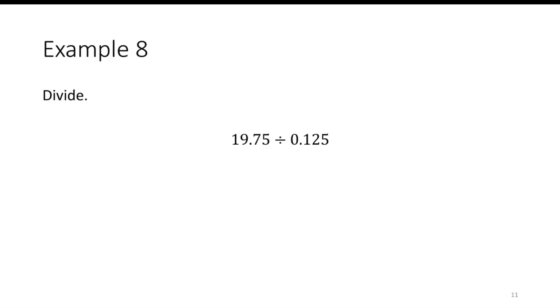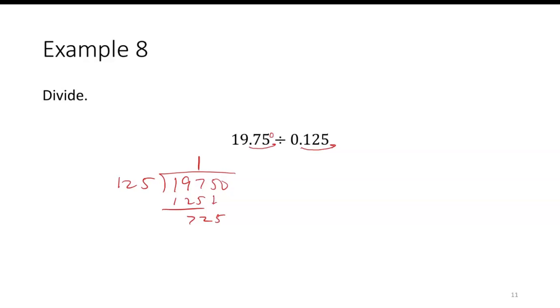For this one, I would need to move the decimal 3 places to the right. So I'll need to do the same thing with the first one. Add a 0. So this becomes 19,750 divided by 125. So 125 goes in 197 once. 72 remainder. Bring down the 5.